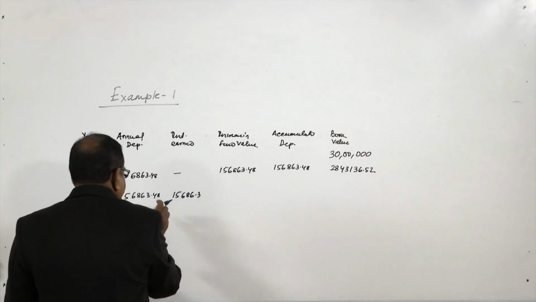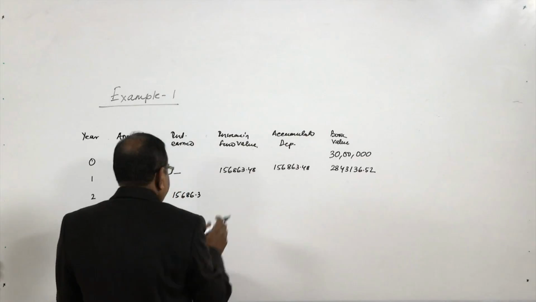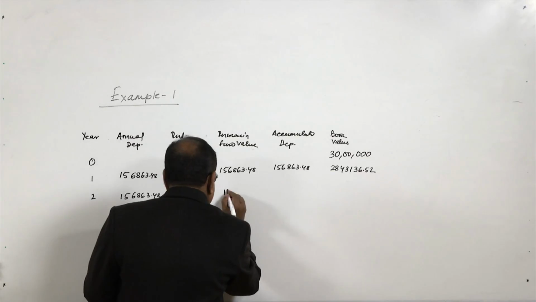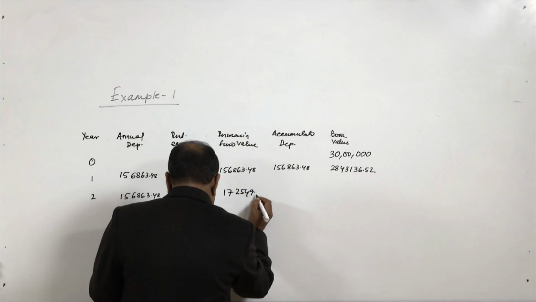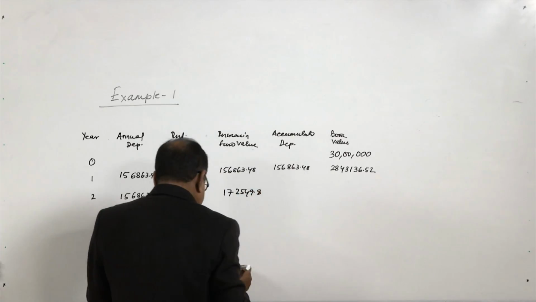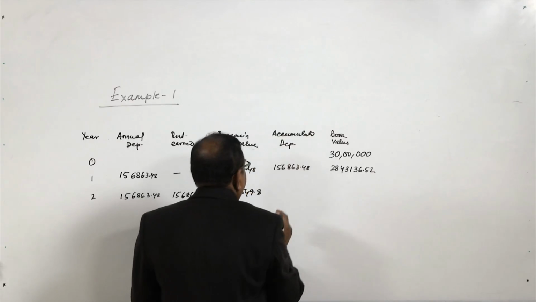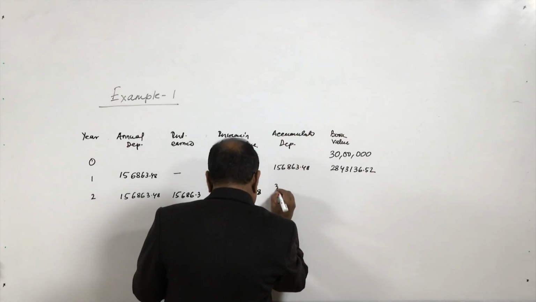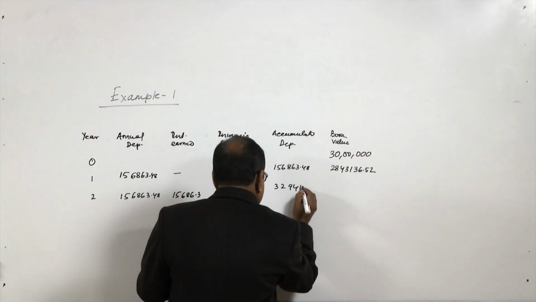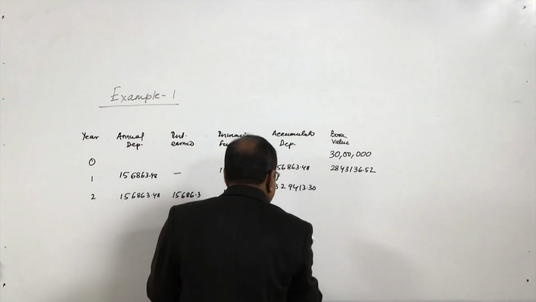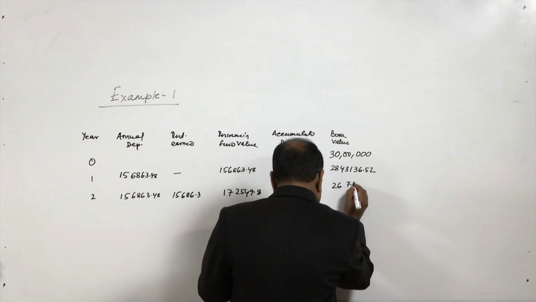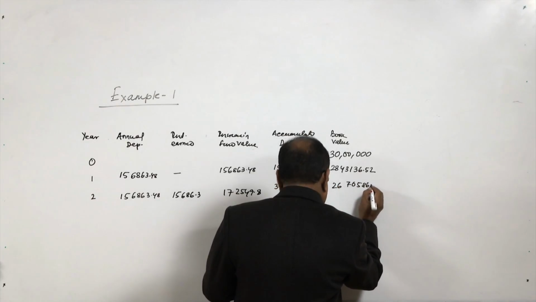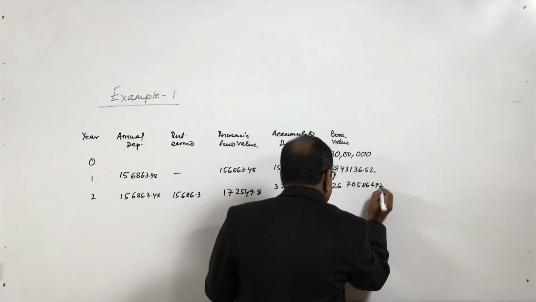So, when we add these two, the fund value which we get is 172,549.8, the accumulated depreciation is 329413.30, and the book value is 26,70,586.692.